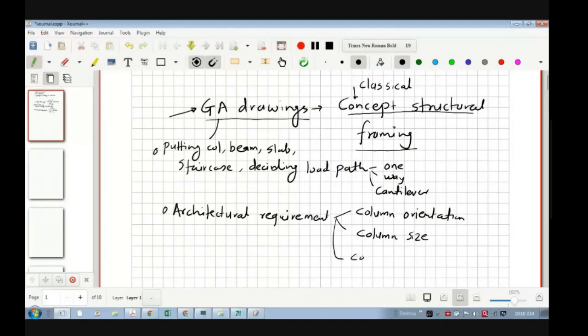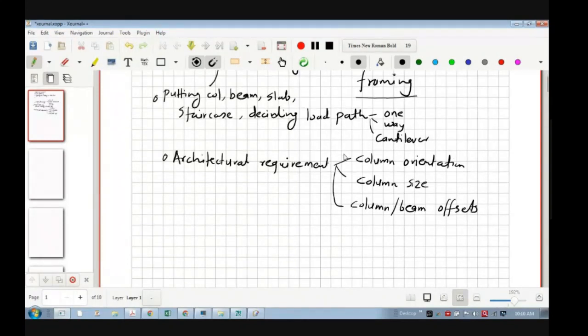Then column offsets, column or beam offsets. So these are the architectural requirements. And maybe there is one more point, that is the clear height of the floor. Clear height means it is floor to beam bottom.